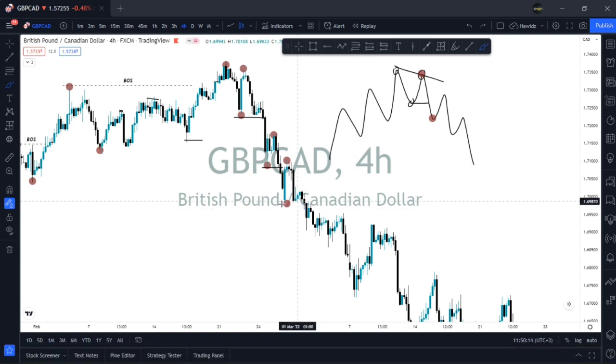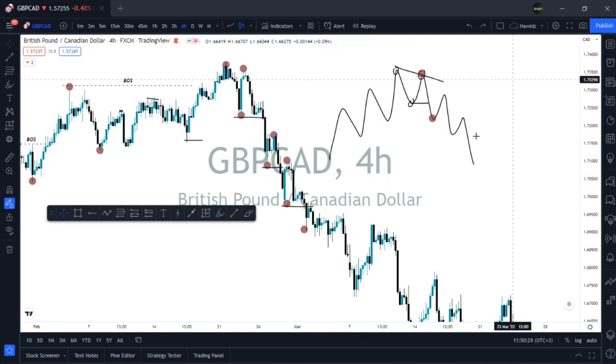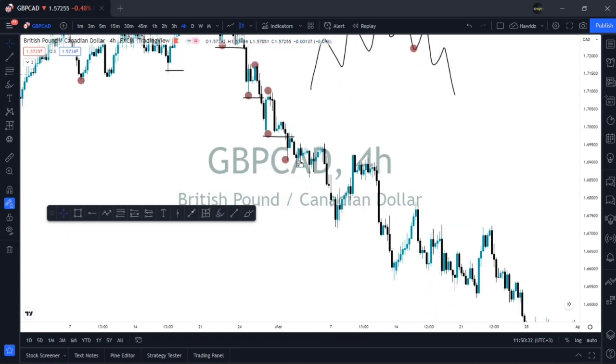Okay, a breaker structure here, right, forming this low. And then what? Let's drag this a little bit closer and continue to follow this and see where price takes us, right? So we're now at this low that comes to make this high, which is a retest of that previous supply zone, right?